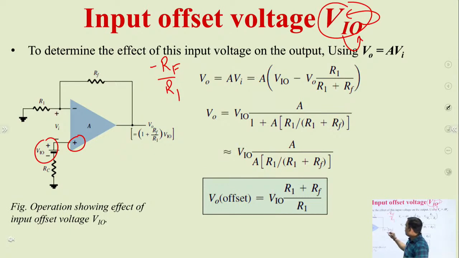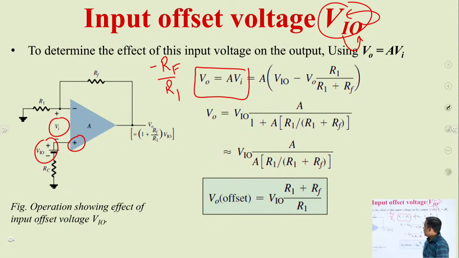So here the output is 1 plus RF by R1, and we are aware that the output of the operational amplifier is V0 equals AD multiplied by VD, or we can say A multiplied by VD. Here VD is nothing but VI, the differential voltage applied at the input terminals of the op amp. Now what is VI? VI is the potential of the non-inverting terminal minus the potential of the inverting terminal.